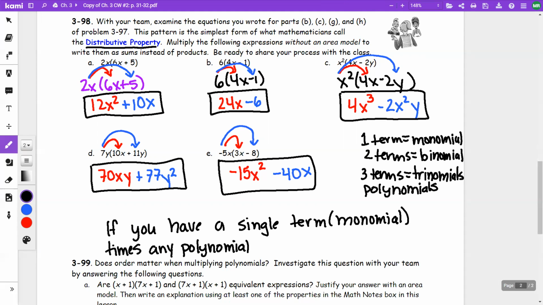So if you have a single term monomial times any polynomial, you can use the distributive property. Or you can do the box like we did on the page before.